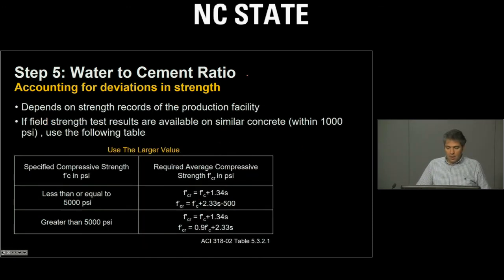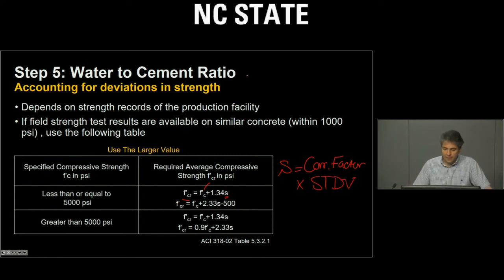Now, in the case that we have field strength data available, we want to calculate the required compressive strength from the specified compressive strength of the concrete. So the required compressive strength is equal to the specified plus 1.34 S. Remember that S is equal to the correction factor times the standard deviation.